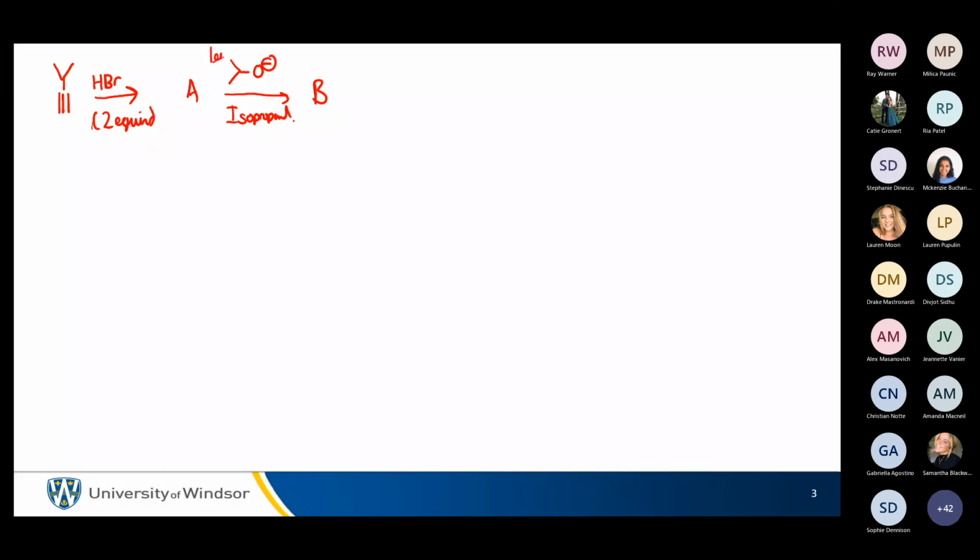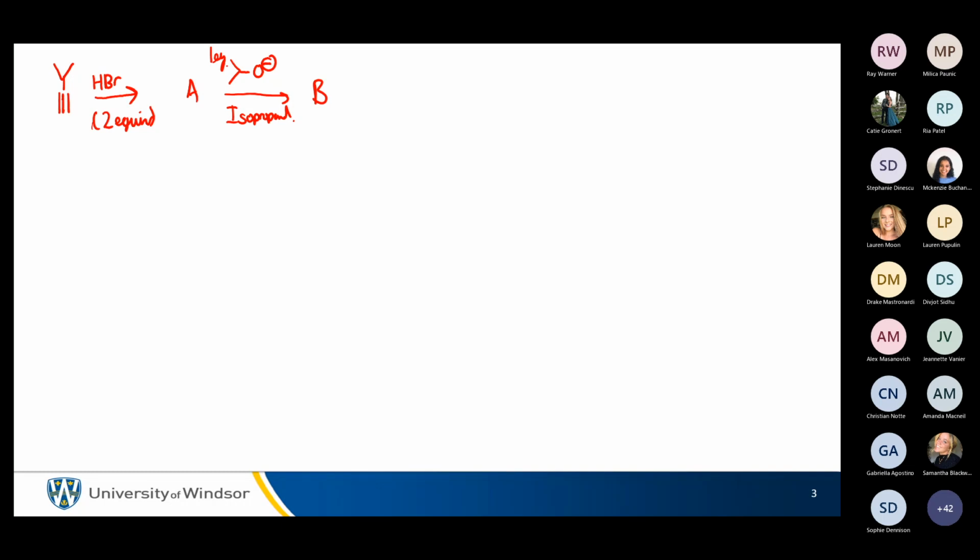Let's just say it's one equivalent. I think that's what I meant by the question as well. Deprotonate using H, then attack with the Br. Actually, Alyssa, we're going to answer that question with this question.